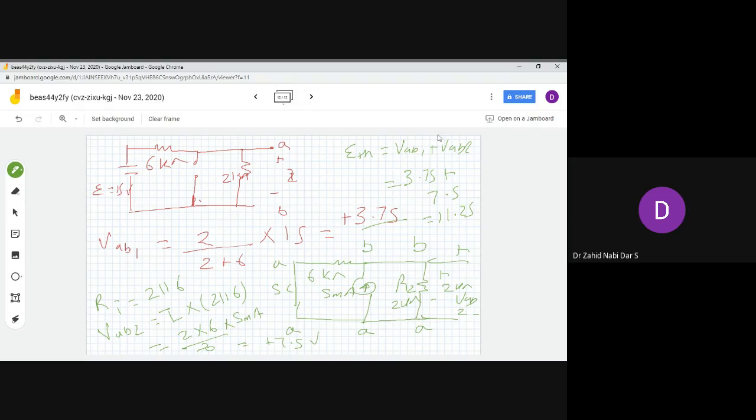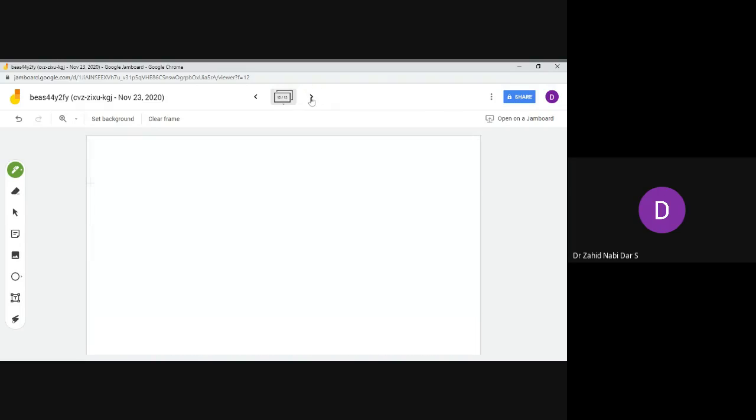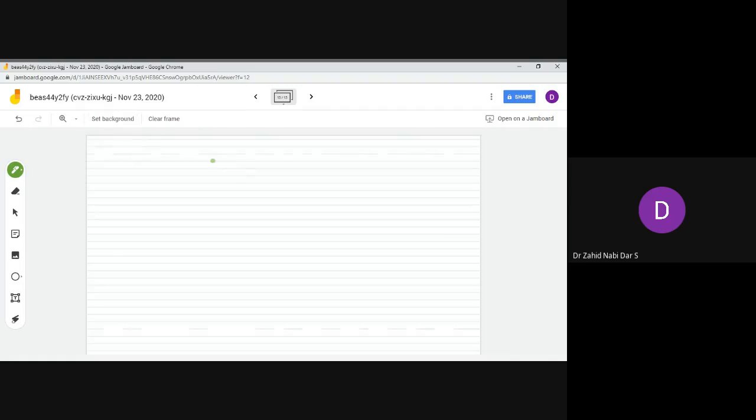So your final network will look like the final Thevenin network. Now you have to draw the final Thevenin network. E Thevenin you calculated, that is 11.25. Your R Thevenin is equal to 1.5 kilo ohms.